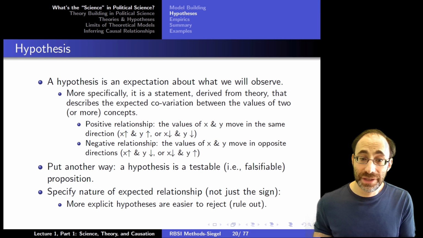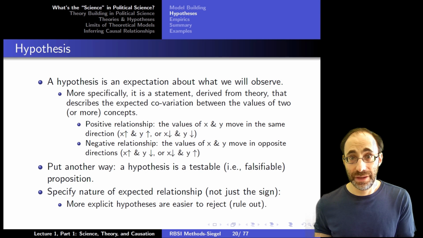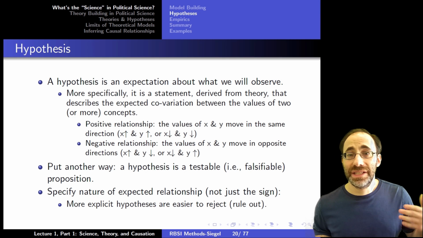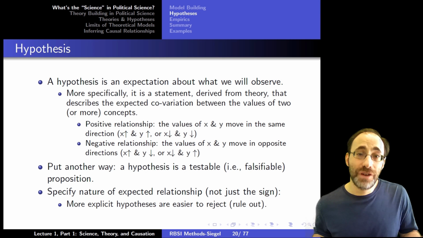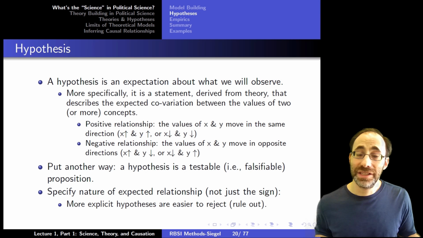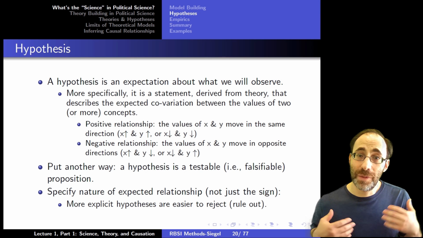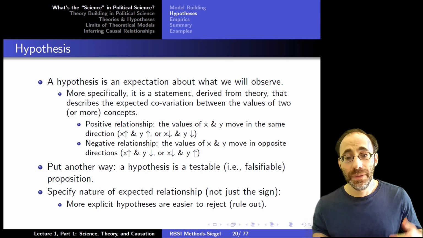The important point is these hypotheses are testable and falsifiable. If I run some empirical test of the kind we'll discuss later in this course, and I see that increasing x does not increase y, I've falsified my hypothesis that x does increase y. And that's key. We're going to want to form hypotheses that are always testable and therefore falsifiable.